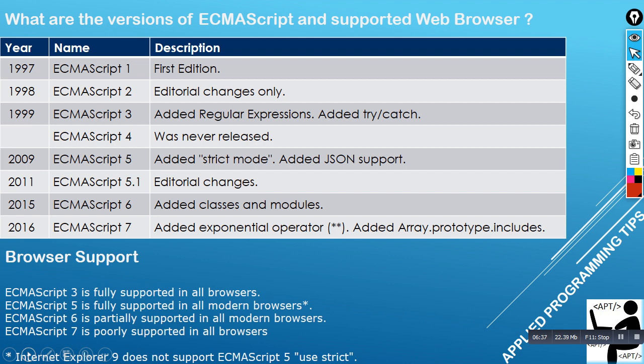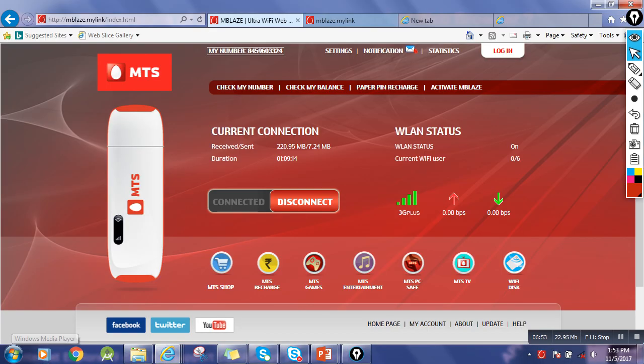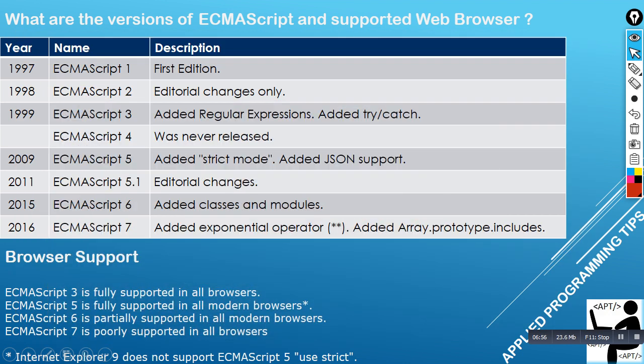ECMAScript 5 was released in 2009, and in this release one important thing was added, that is strict mode, and one more thing, JSON support, right? If you are not aware of strict mode, I will demonstrate it practically later in this video.